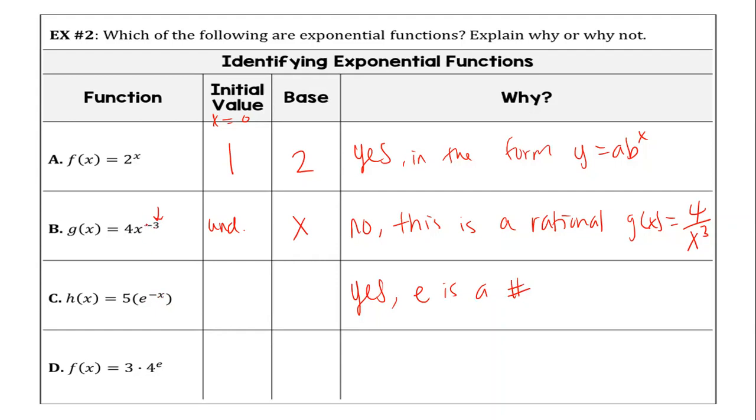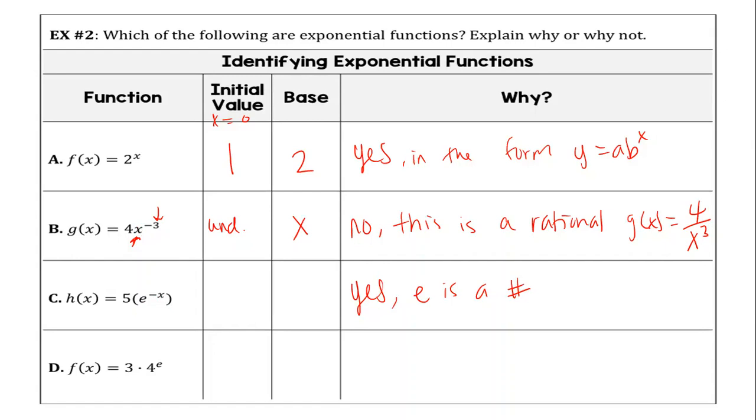My power is a negative variable. Exponential means your x is your power. The problem with the previous one is that the x is not the power, and the fact that it's also negative makes it a rational.